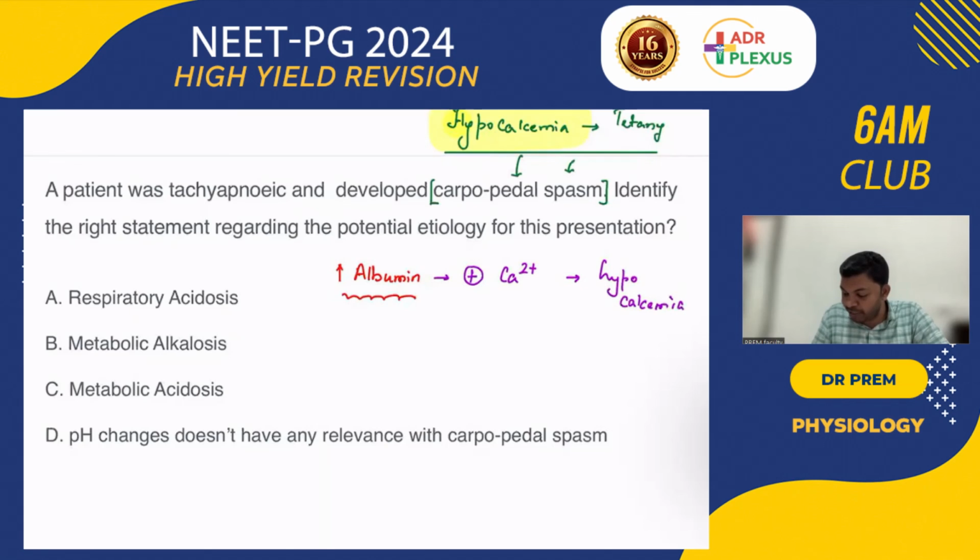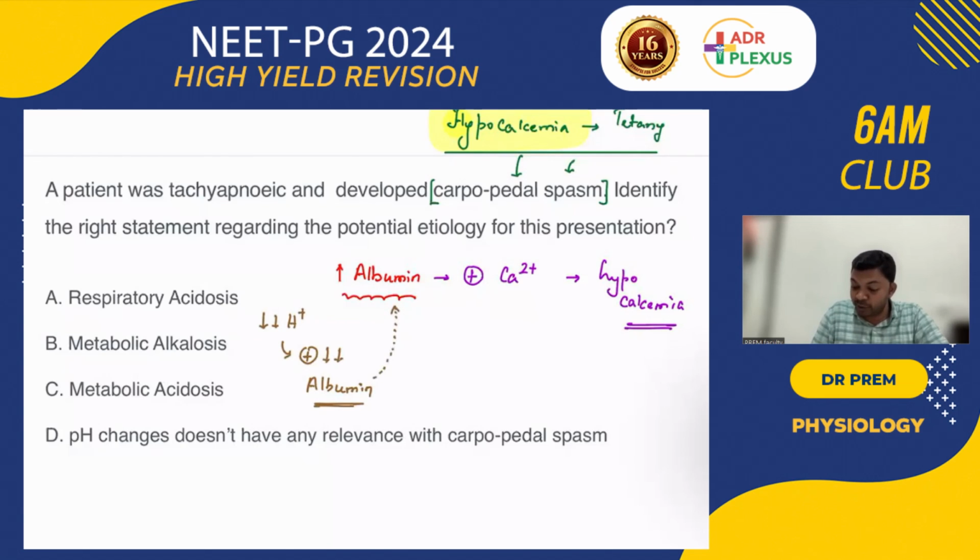Now, when there is a decreased amount of hydrogen, there is less hydrogen available to combine with albumin. So this combination of hydrogen and albumin is going to be less. As a consequence, more albumin is readily available to combine with calcium.